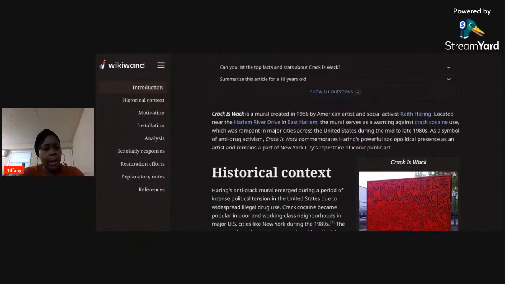So the whole concept about Crack Is Whack is a mural created in 1986 by an American artist and social activist, Keith Haring, located near the Harlem River Drive in East Harlem. The mural serves as a warning against crack cocaine use, which was rampant in major cities across the United States during the mid to late 1980s.